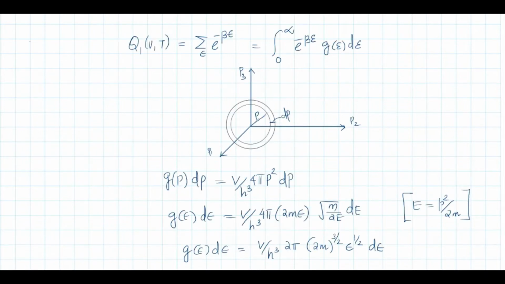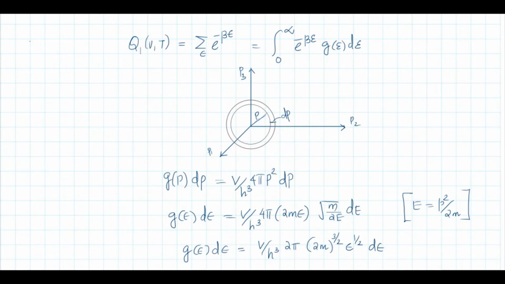Now Q1 of Vt. This we already calculated many times, but I will do it once more. It is the sum over all single particle states e raised to minus beta epsilon. Since these single particle states are very close together, if we are assuming a system of very large volume, we can replace this summation with an integration.